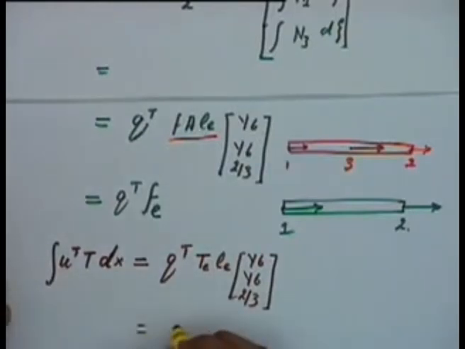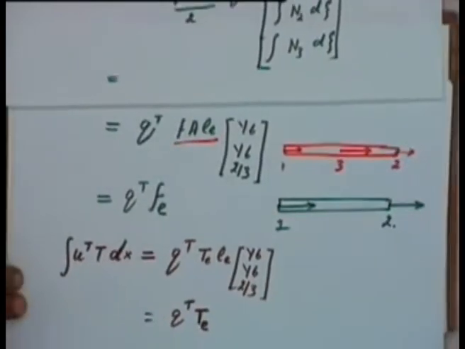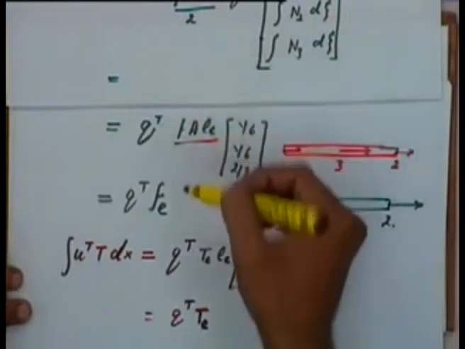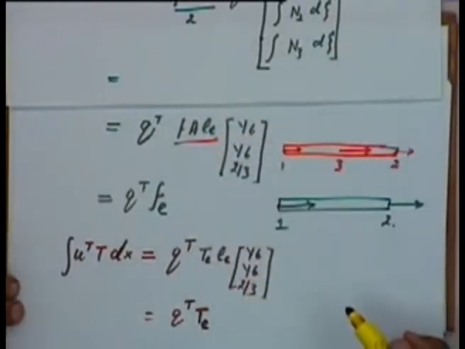And this again we write as Q transpose multiplied by, let's say, the tractive force vector for the element. This T and this T are different. This integral is just the same as the previous integral. You can try it out yourselves.